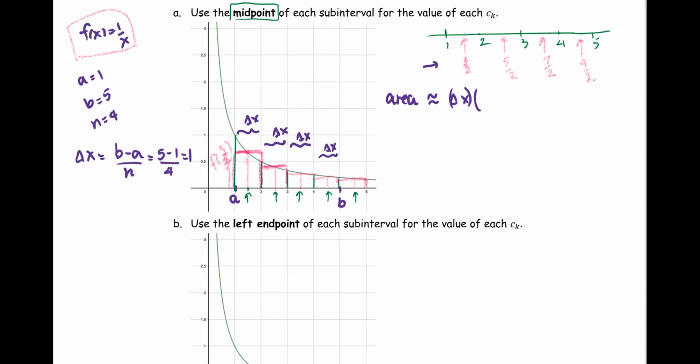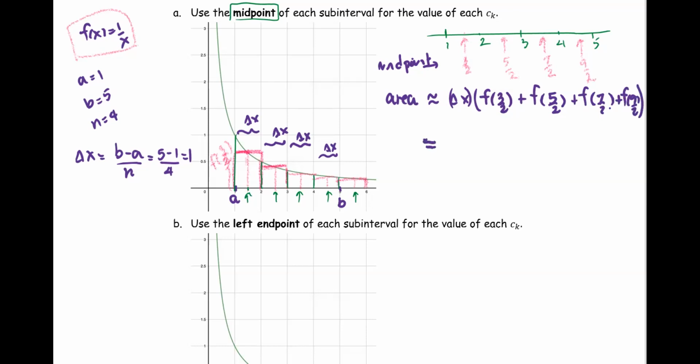So these are the midpoint values for each of the intervals. The area is going to be the width times the height, right? For the height of each bar, the first bar, the height is the function at 3/2. Second bar, the function at 5/2. Next, the function at 7/2. And the last one, the function at 9/2.